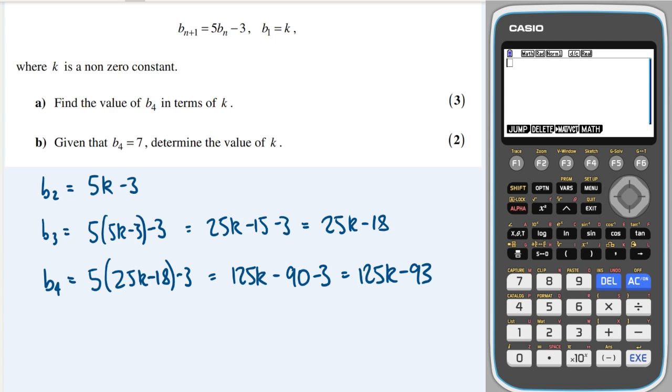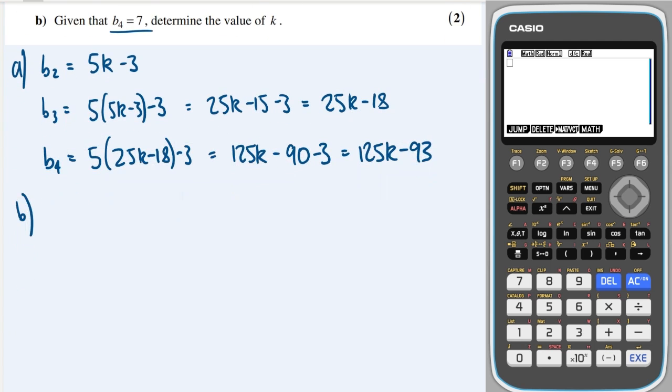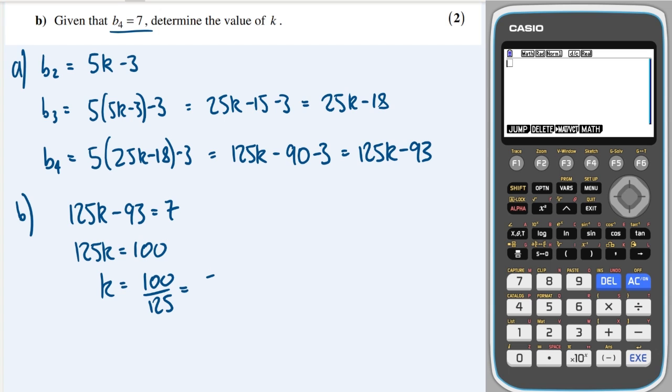Okay, given that B4 equals 7, determine the value of K. Sure thing. 125k minus 93 equals 7. 125k equals 100. So K is equal to 100 over 125, which is the same as 4 over 5. Bosh.